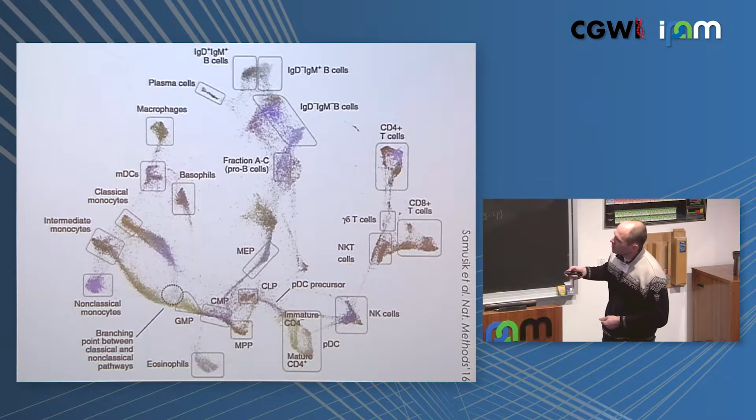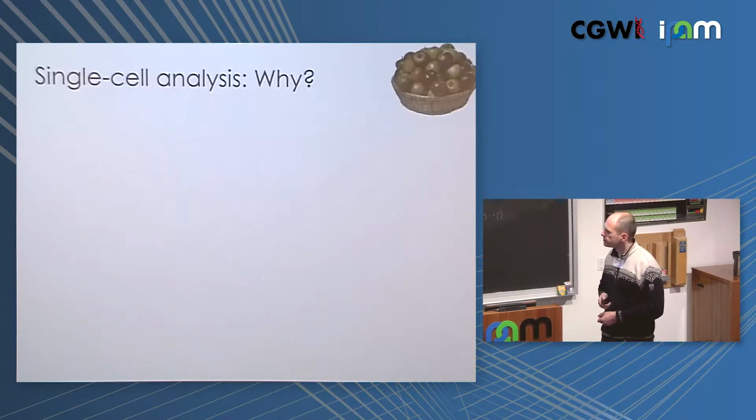And the labels here are based on some of the known surface markers, but basically once you put the labels here, you can more or less try to follow this tree and learn a lot of very important things about hematopoiesis from a single snapshot. So every point here is a cell that was measured, and they're arranged relative to each other, so cells with similar combinations of markers appear nearby in this 2D projection. So they form this type of trees, and you can basically read and try to get new insights from this.